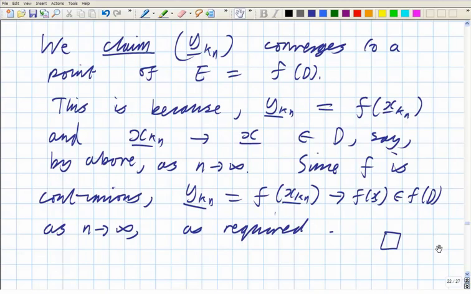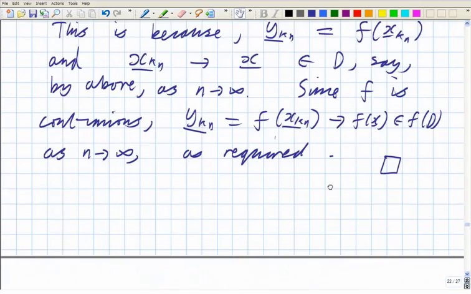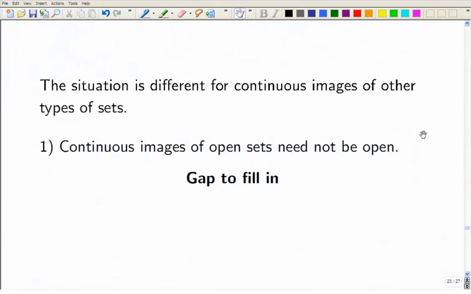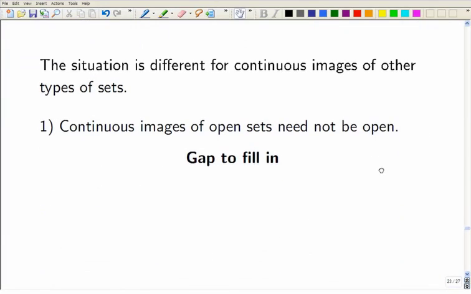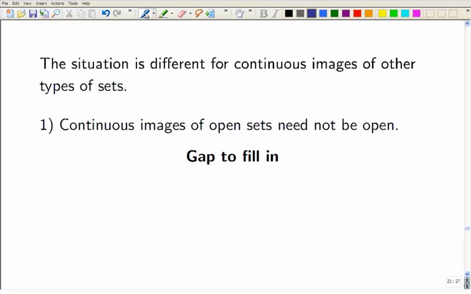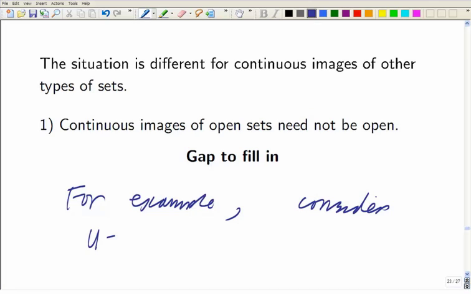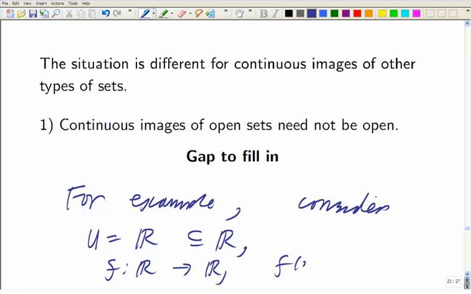So what goes wrong when you want to try continuous images of other kinds of sets being of that kind? Let me give you some examples. So, for example, consider U equals R, a subset of R. Okay, so working in one dimension, and I'll take f from R to R, defined by f of x equals sine x.